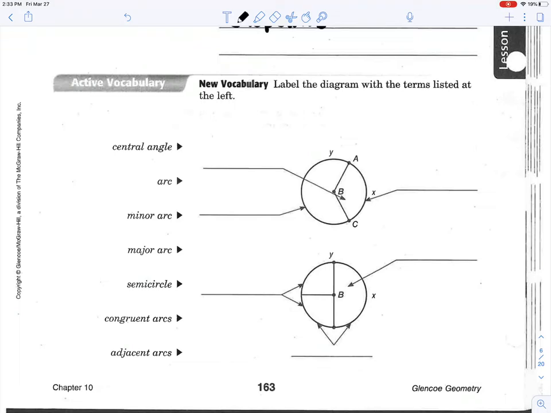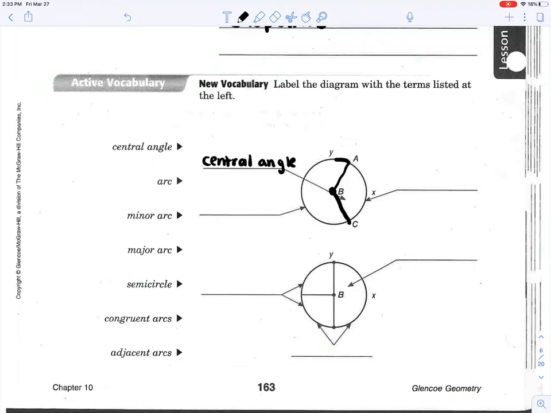Label the diagram with the list of terms at the left. Starting with the top left one, it's pointing at this angle here. What looks like B is my center, so this angle is my central angle because it literally comes from the center.